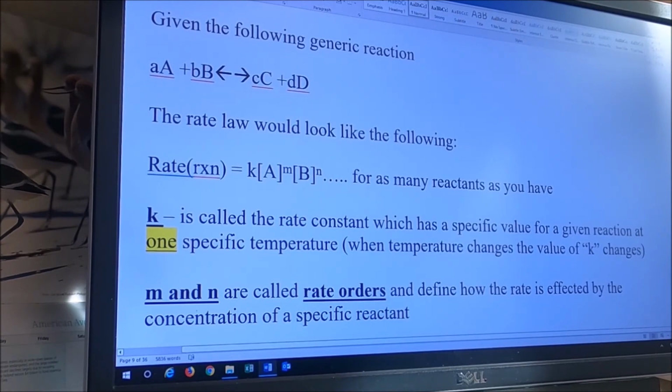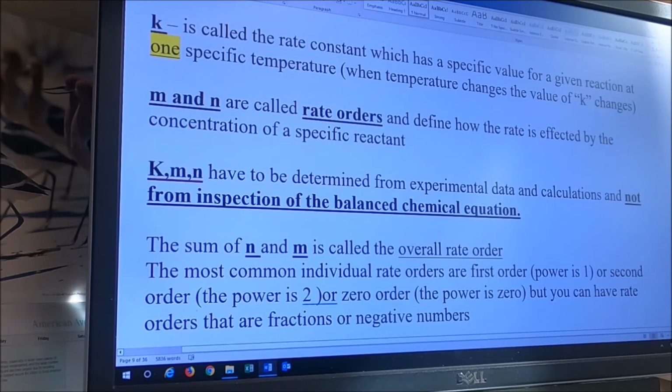m and n are called rate orders, and they define how the rate is affected by a concentration change for a specific reaction. k, m, and n are all experimentally determined, from calculations based on the experimental data, and can never be determined by inspection of a balanced chemical equation.